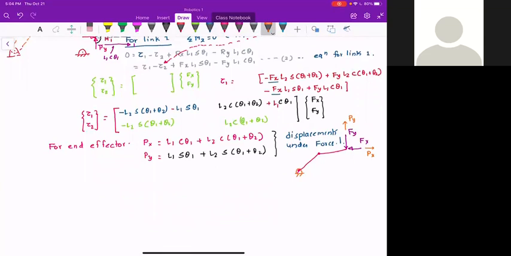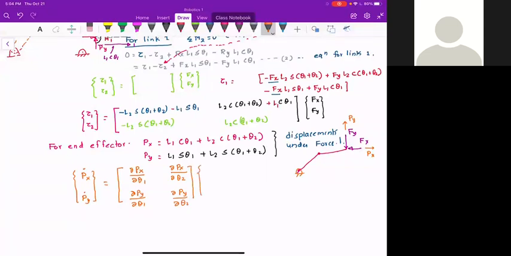Px dot, py dot is equal to partial px over partial theta 1, partial px over partial theta 2, partial py over partial theta 1, partial py over partial theta 2.